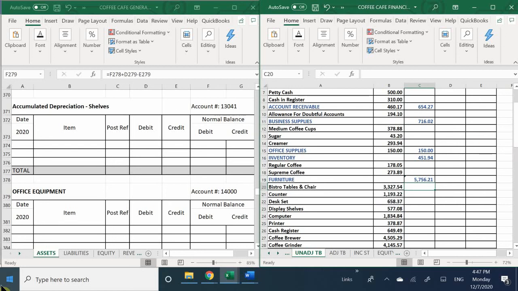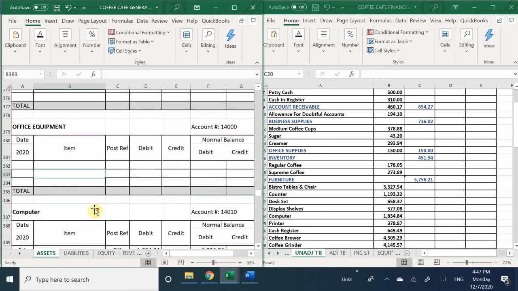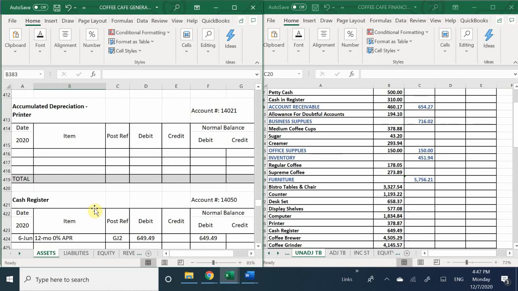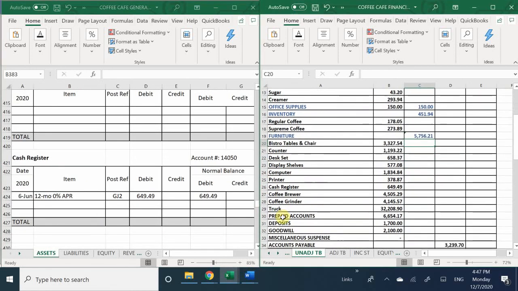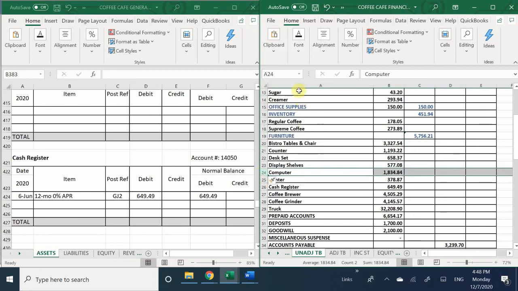Yes. Okay. So next is going to be office equipment. That's going to consist of your computer, printer, and cash register. All right. So from just looking at all these assets, of course, we never touched them. So you're just going to be adding them up together.